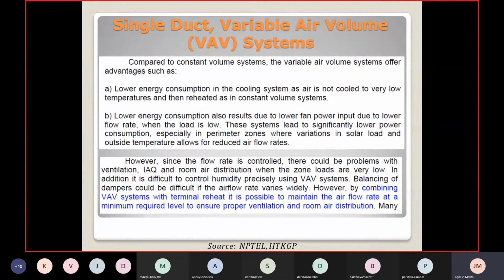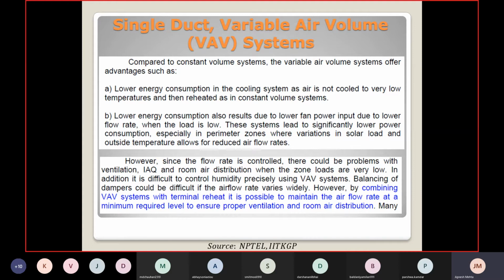There will be some walls in those zones which will be exposed to the sun, right? Inner core areas may not be exposed to the sun directly, but the perimeter zones can be. So if there is some zone on the east side, the wall of that zone may be exposed to the sun, but only in the morning.